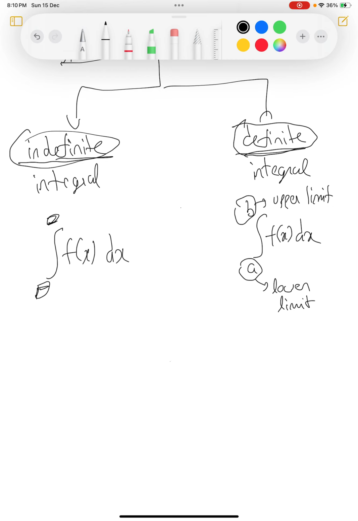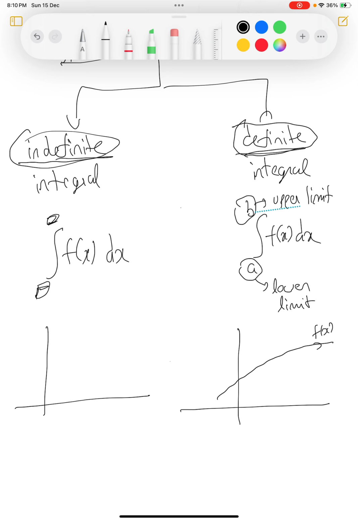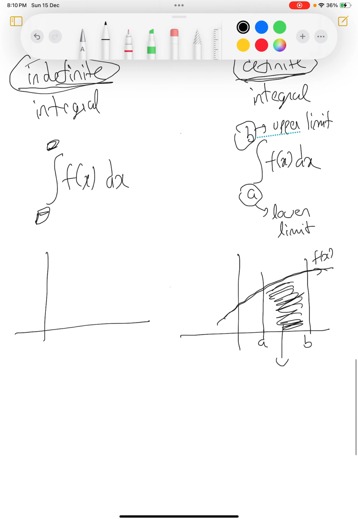What does this do? Let's go through some graphs. If I have a function f of x, and this is a lower limit a, and this is an upper limit b. If I want to find the area within this limit, this area is given by the integral from a to b of f of x dx. This will give me the area of this part.